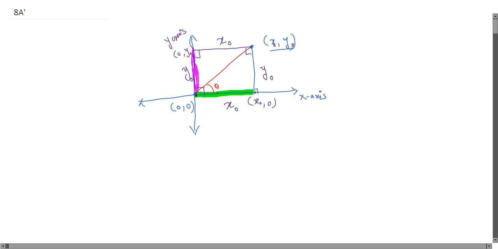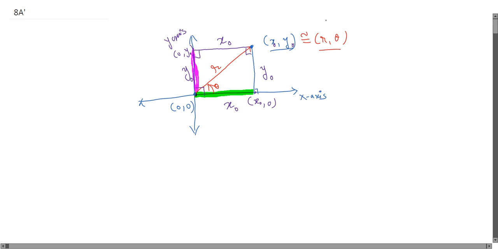If this angle is theta, I will rotate myself by theta, and if I know this distance is r, then I will walk in that direction r units to reach my point x0, y0. So that is another way to reach our point. There is a nice relation between r and theta, so you can write x0, y0 the same as r and theta.